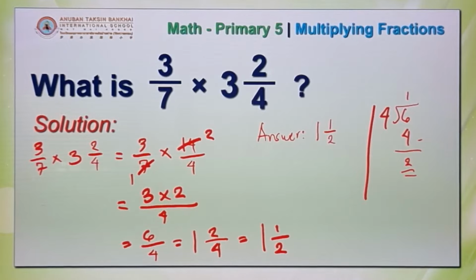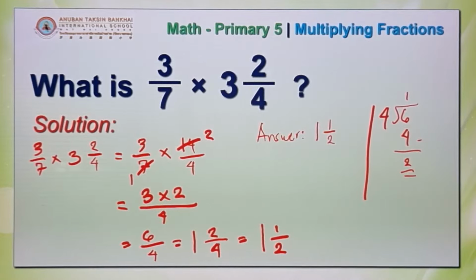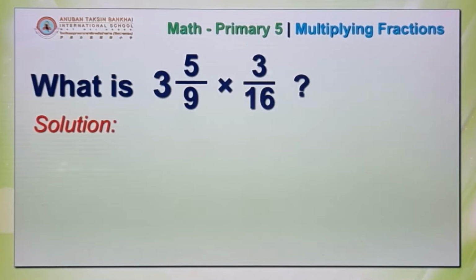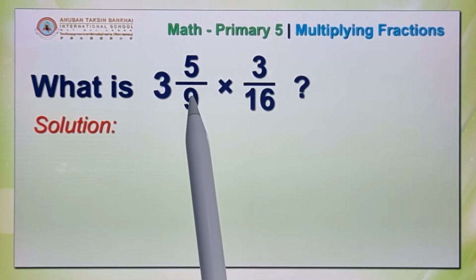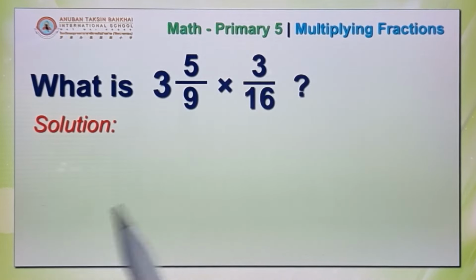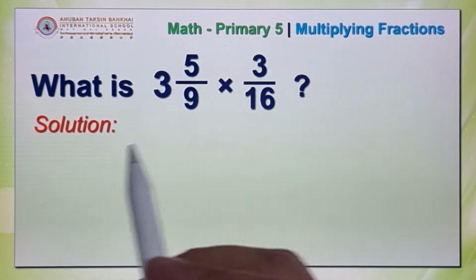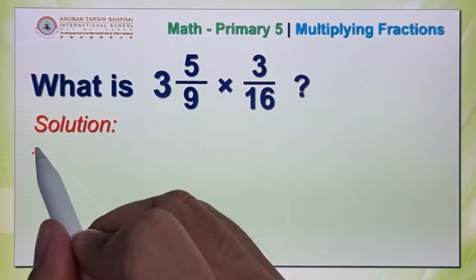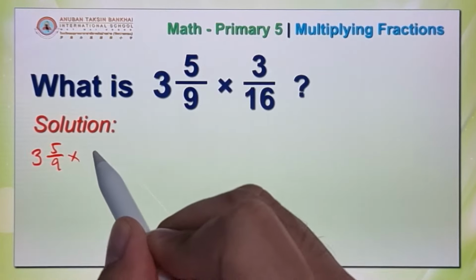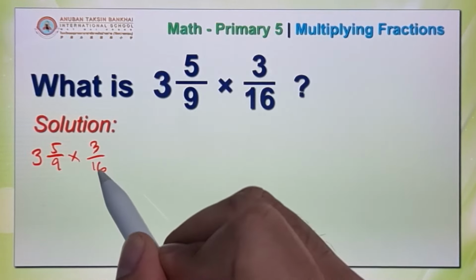That's very, very easy. Now let's have another example. Let's say we have 3 and 5 over 9 times 3 over 16. Take note that this is a mixed number, so we need to change that into an improper fraction. So let's rewrite this one: 3 and 5 over 9 times 3 over 16.